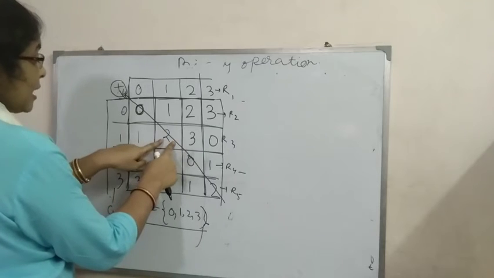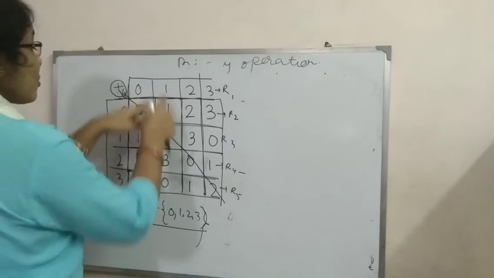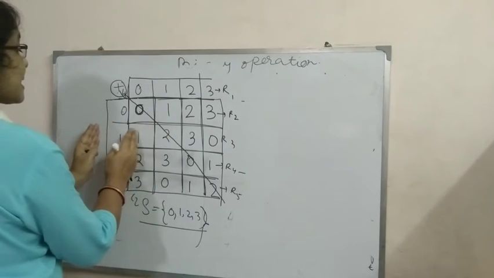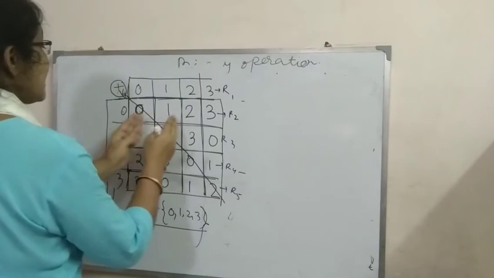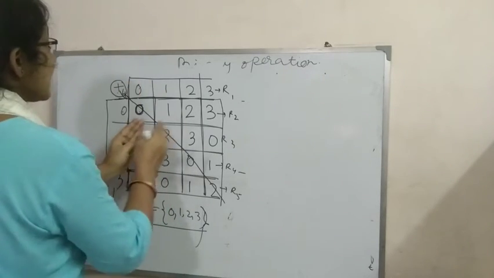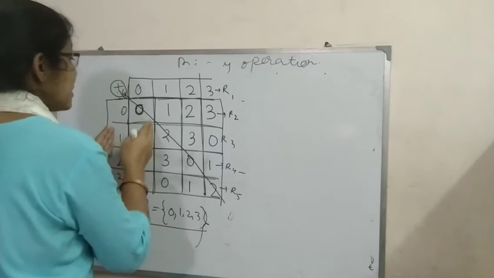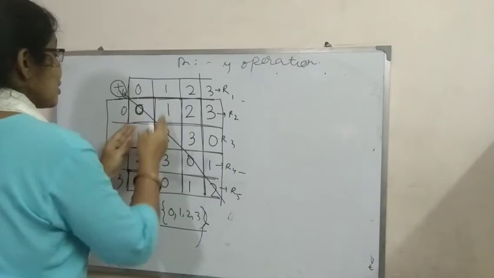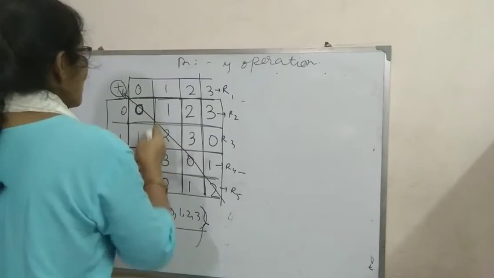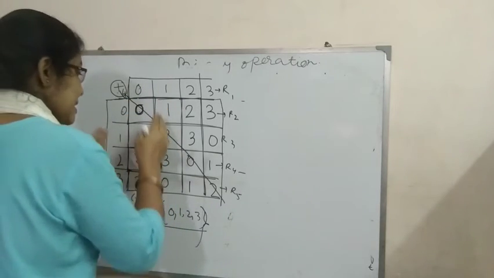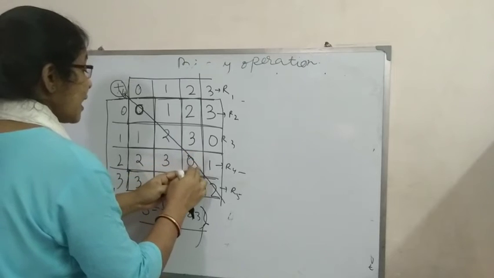The second diagonal element is 2. Both sides of 2, this side and this side, all elements, here 1 and 1, here 1 and 1, here are two elements, here are two elements. All elements are same. So this is symmetry.